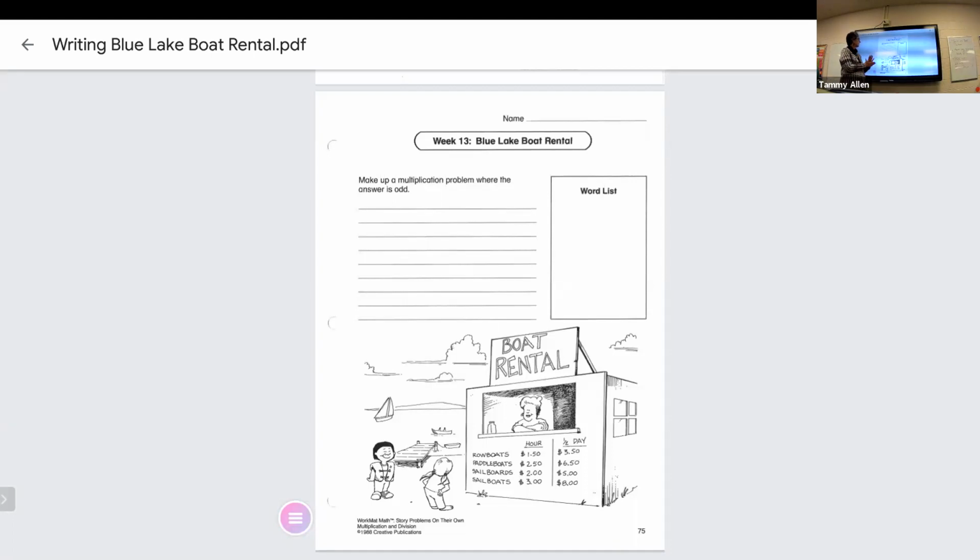We want to make up a multiplication problem where the answer is odd.